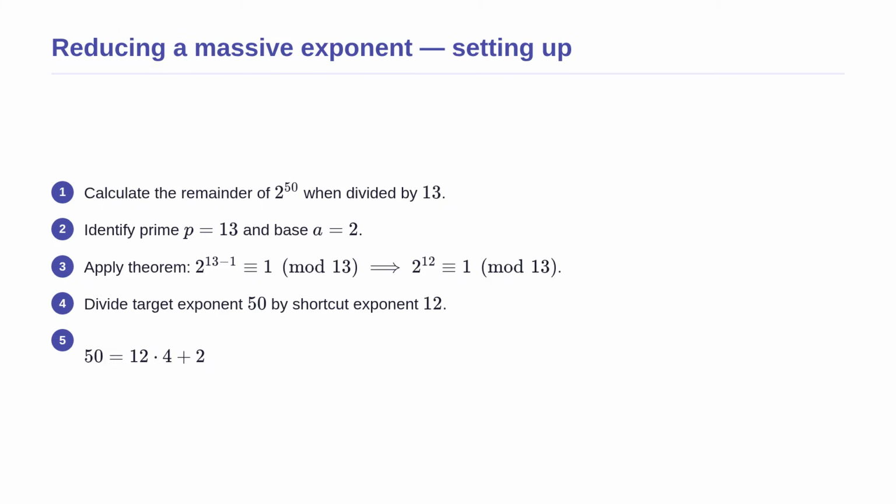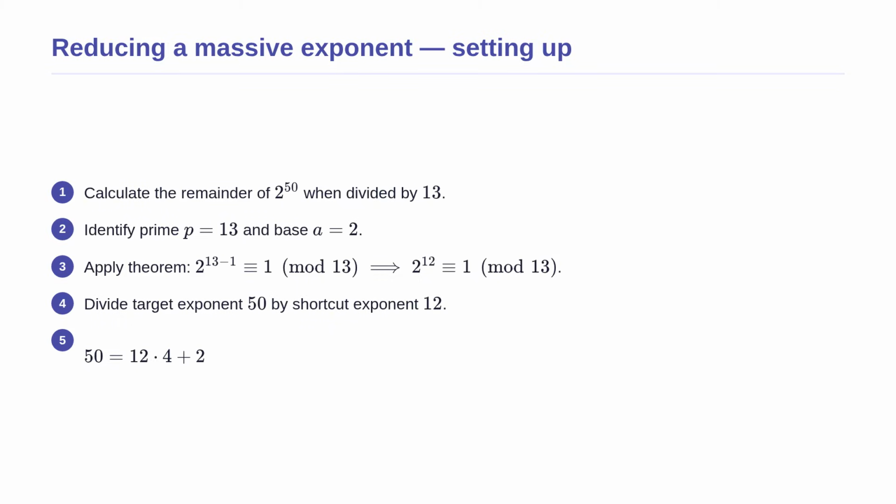Let us solidify this with another example, reducing an even more massive exponent. We want to calculate the remainder of 2 to the power of 50 when divided by 13. Again, we identify our prime p as 13 and our base a as 2. Since 13 does not divide 2, we are perfectly safe to use Fermat's little theorem.